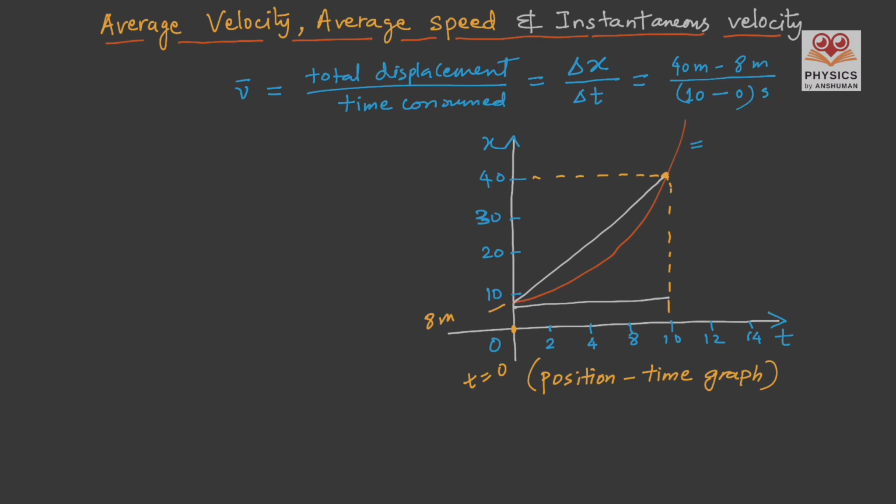And we can say it is 32 by 10 meter per second, or 3.2 meter per second. And that's our average velocity.